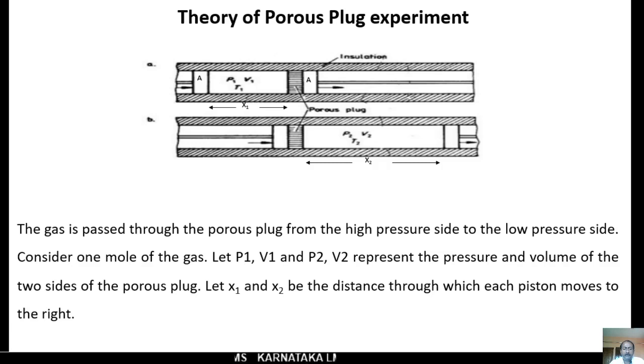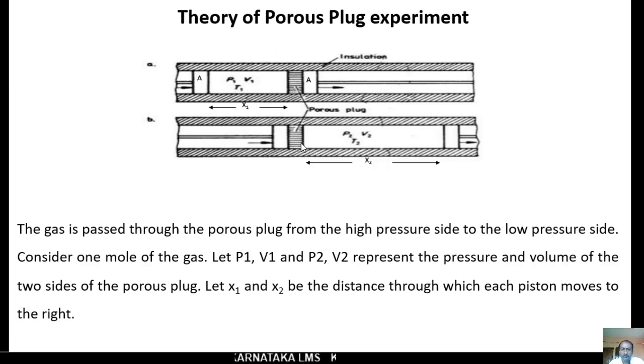Let P1, V1 and P2, V2 represent the pressure and volume of the two sides of the porous plug. Let X1 and X2 be the distance through which each piston moves to the right.